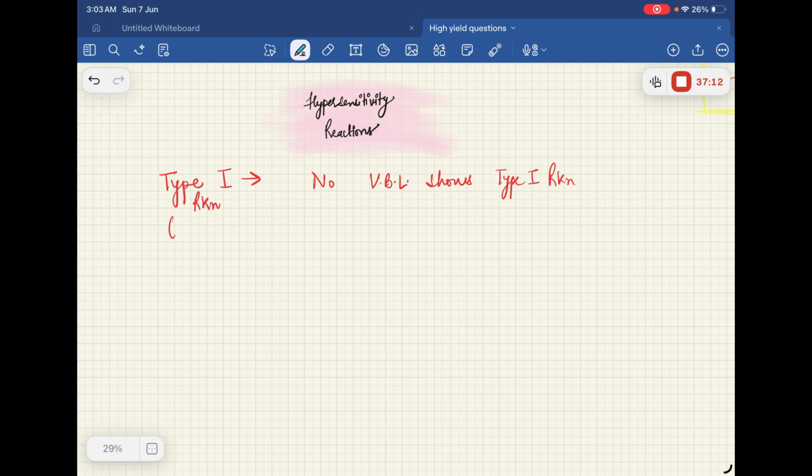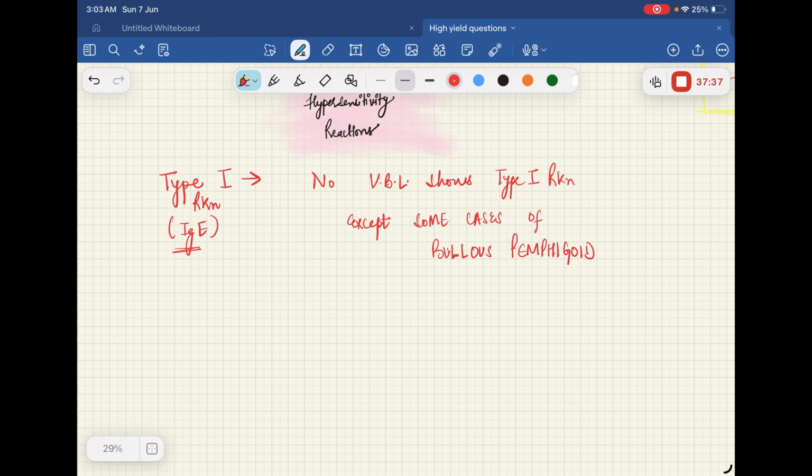Here basically involvement of IgE occurs, right? Except some cases of bullous pemphigoid.